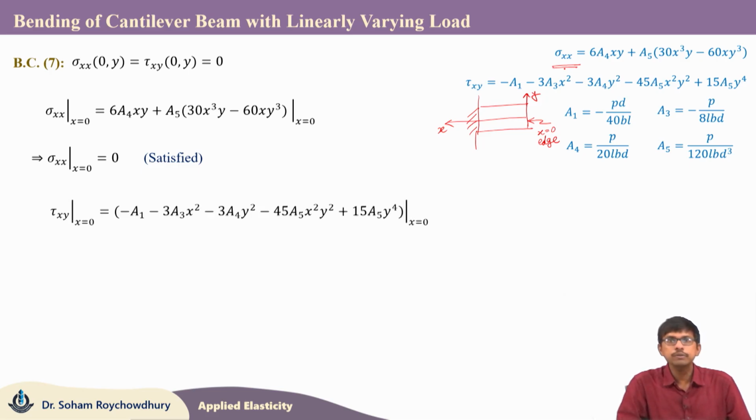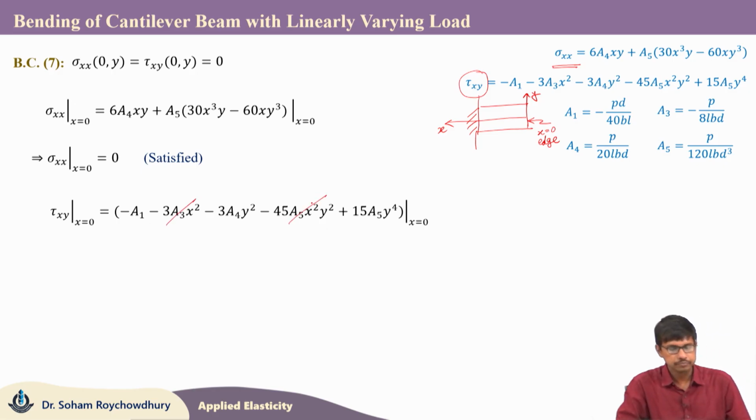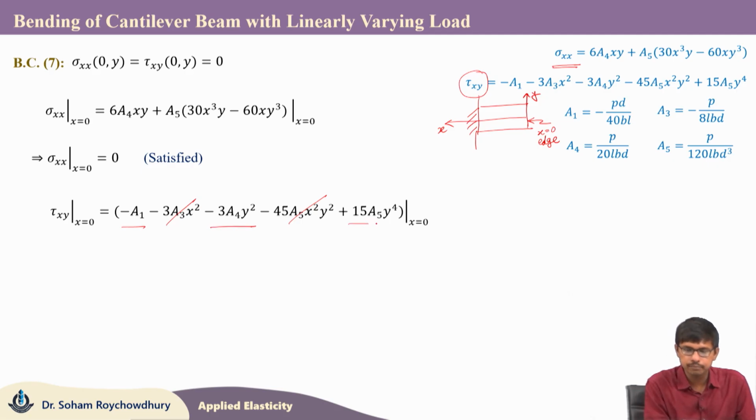Coming to tau xy at x equals 0, if you replace x equals 0 in tau xy, this term and this term would cancel, but 3 other terms would remain, where one term is constant, one term is a function of y square, and another term is a function of y to the power 4, and these a1, a4, a5 are already obtained as non-zero constants.